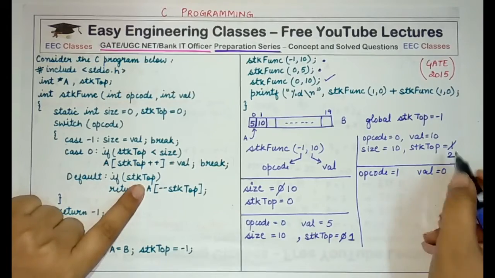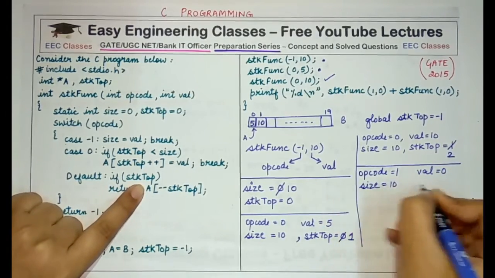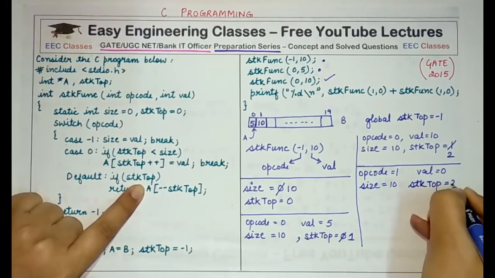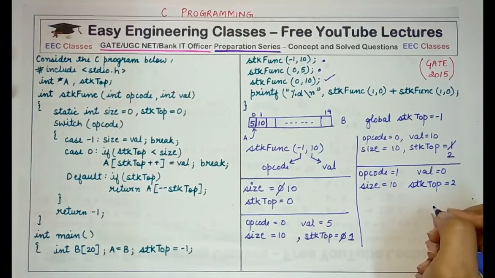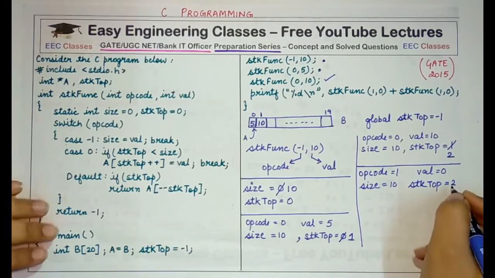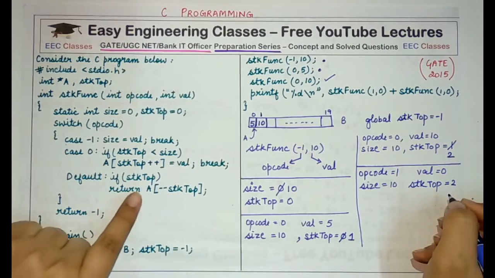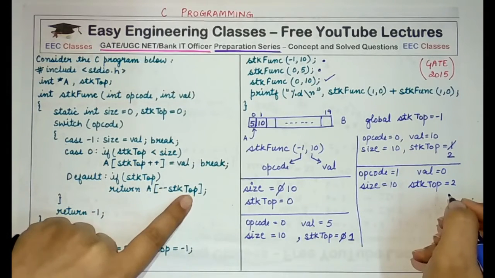If stack top. Now the previous values of size and stack top would be retained, and the stack top value is 2. So yes, if stack top means that if the value of stack top is not equal to 0 or it is not false, therefore yes, this if statement is true, and the value that would be returned here is A of minus minus stack top.